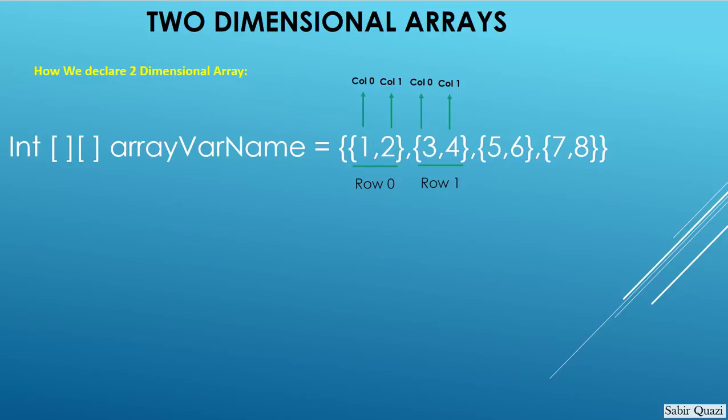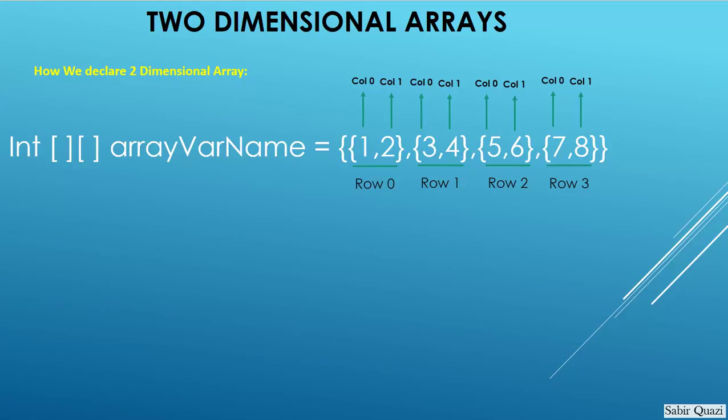Row 0 has column 0 and column 1. Row 1 has column 0 and column 1. Similarly, row number 2 and row number 3 each have column number 0 and column number 1.